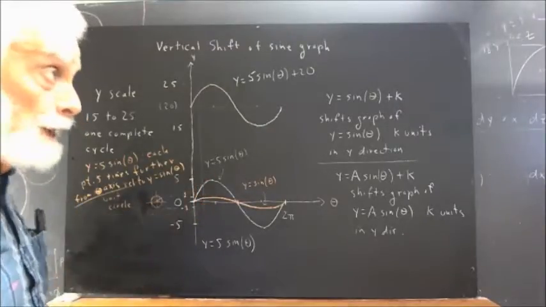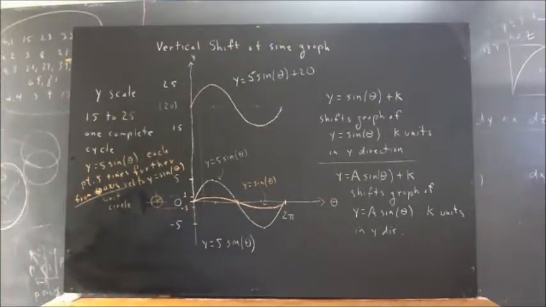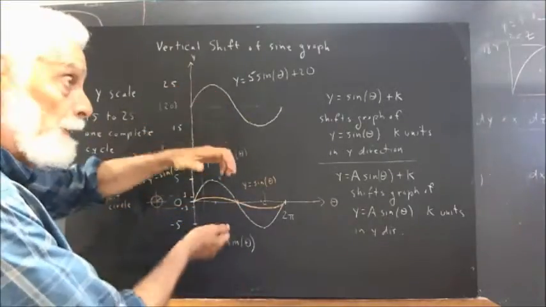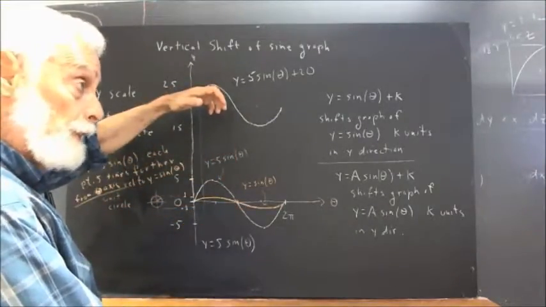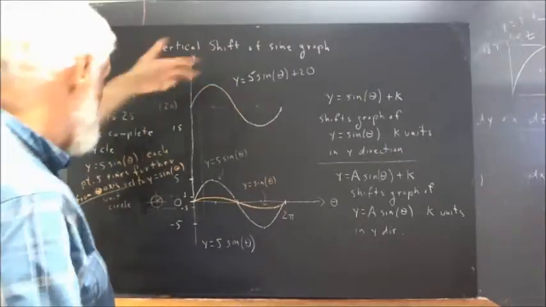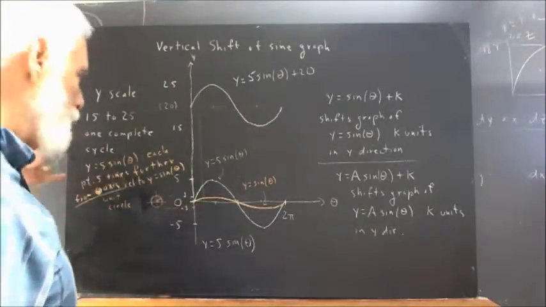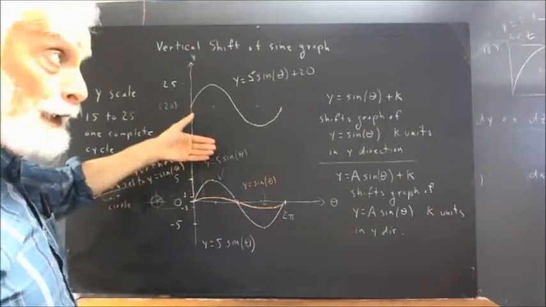Taking each point 5 times further from the theta axis, we essentially stretch the graph in the vertical direction by a factor of 5. Now my statement, moving it 5 times further from the theta axis, I would have to qualify that on the same side of the axis.